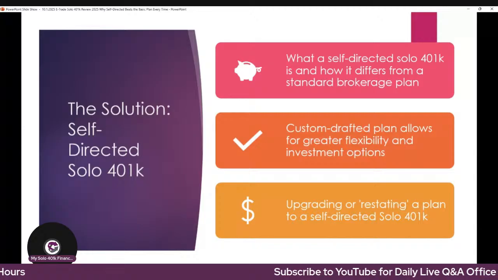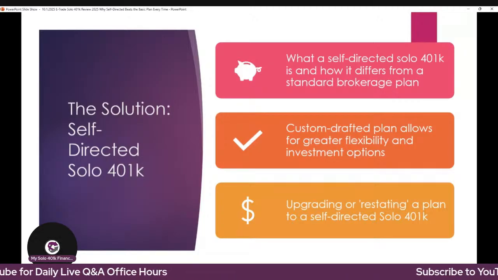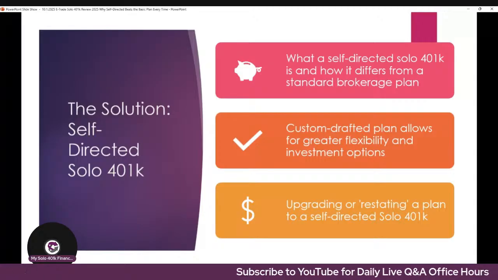Now, in that scenario where someone is upgrading a basic Solo 401k plan at E-Trade to our fully featured Solo 401k plan, they will, of course, need new documents, as I described, but they'll also need new accounts.